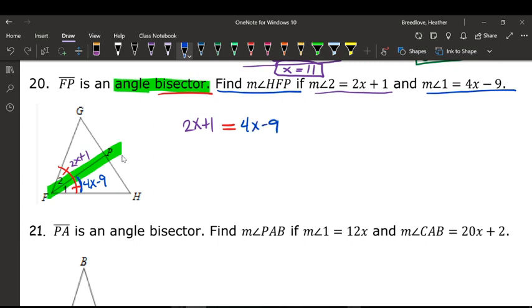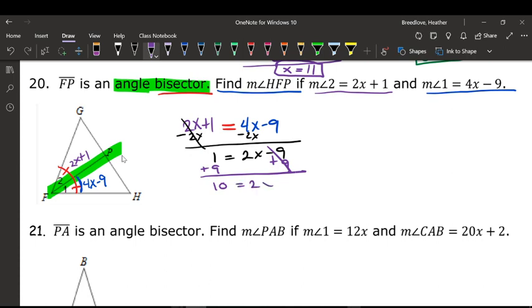And then I can solve for x and plug it back in to find the measure of angle 1 or the measure of angle HFP. All right, so I'm going to subtract the 2x from 4x. So 1 equals 2x minus 9. And now I add the 9. So 10 equals 2x.